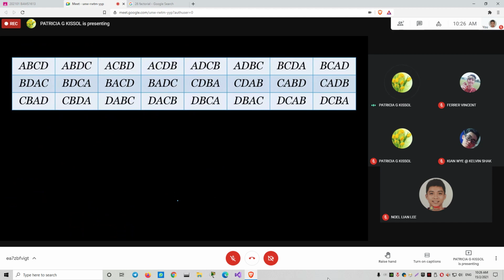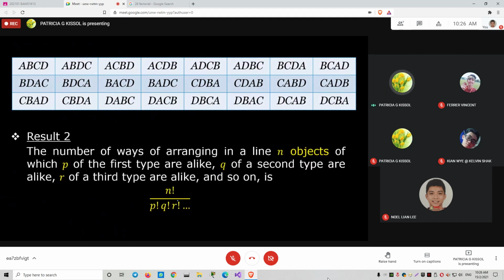Okay, so this brings us to the second result, which is the number of ways of arranging in a line n objects of which P is of the same type, Q is a second type that is the same, and R the third type that is the same.